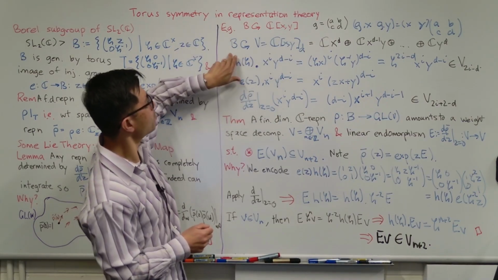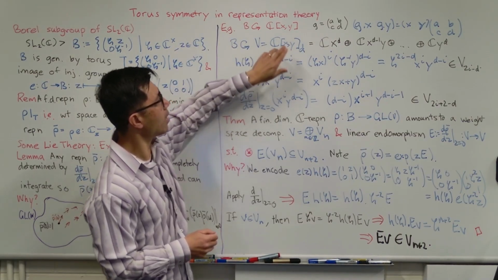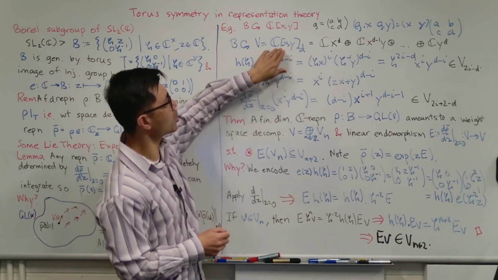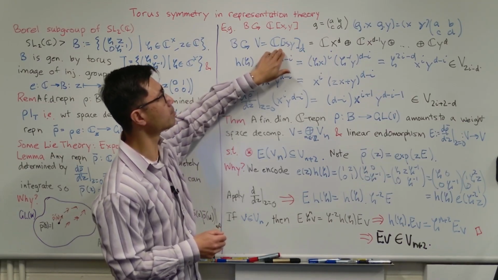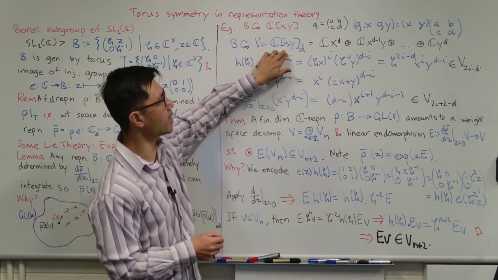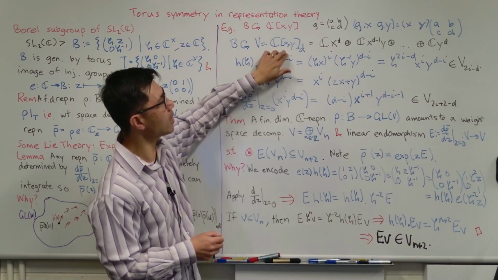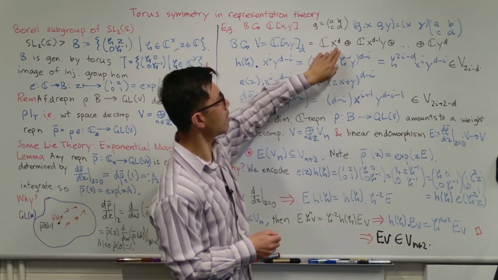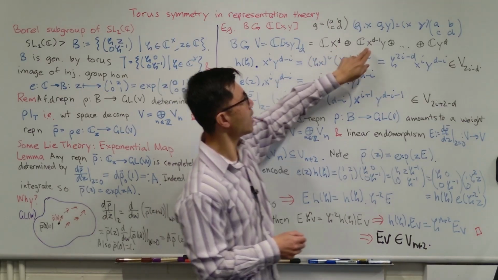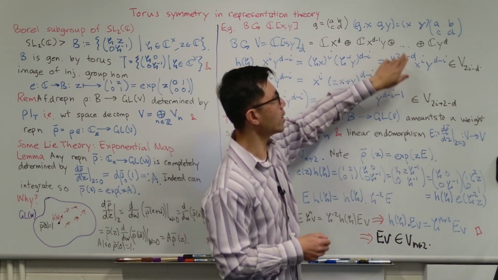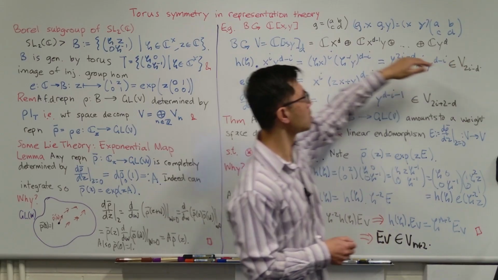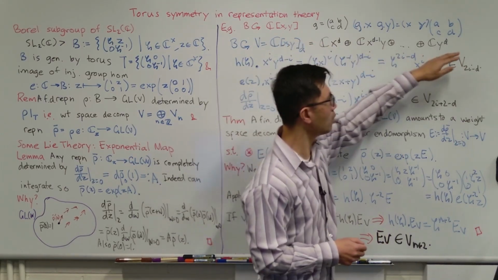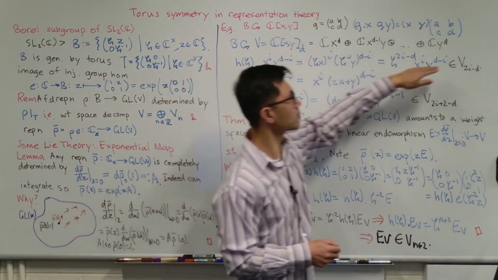So how does B act on the degree D homogeneous polynomials in X and Y? Let's remind ourselves what that is. That's basically the C linear span of all the total degree D monomials: X to the D, X to the D minus 1 Y, all the way down to Y to the D. So it's a D plus 1 dimensional complex vector space.